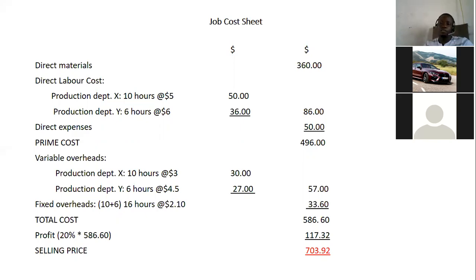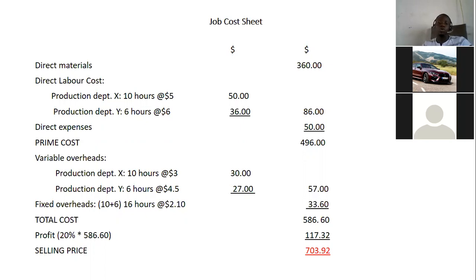Per the format, the next thing is that we sum this up to give us the production cost. But in this question, there are no administration or selling overheads.